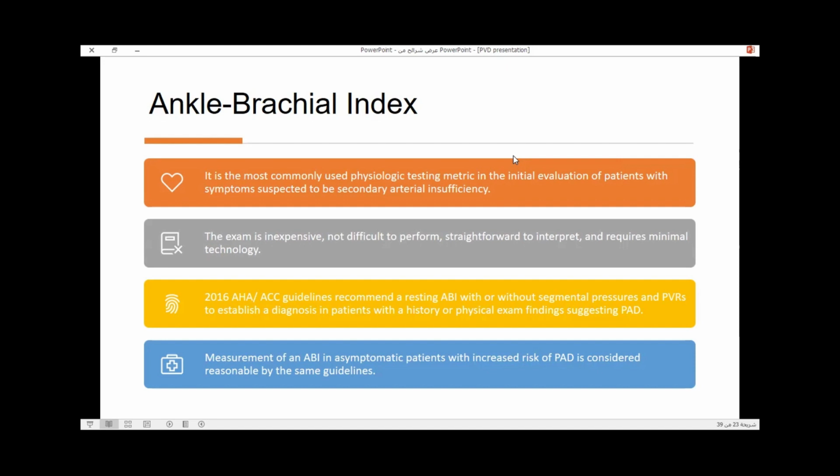So for ABI, as I said, it is straightforward to interpret and not difficult to perform. The measurement of the ABI in an asymptomatic patient with increased risk of PAD is considered reasonable by the AHA guidelines of 2016.